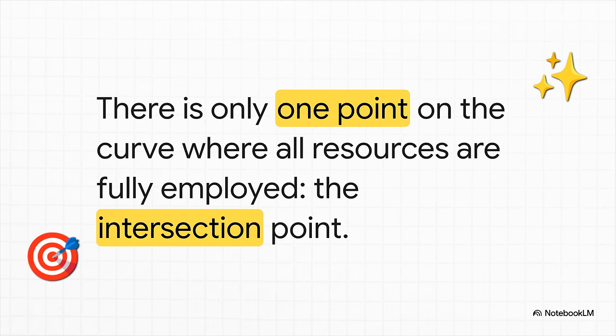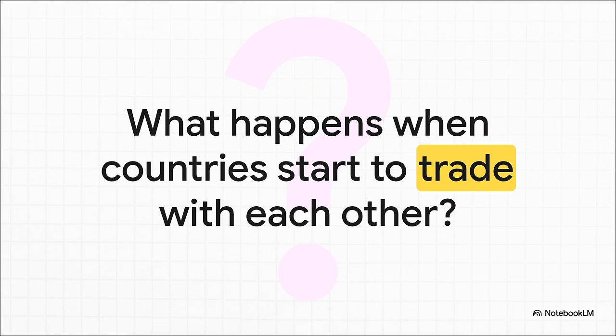It's that point where the labor constraint and the machine constraint cross over. That intersection represents the one and only production mix of wheat and milk where every single worker and every single machine is fully employed. At any other point on our production limit, some resource is just sitting on the sidelines. So, understanding these limits is absolutely crucial. It reveals hidden unemployment and shows us that maximum efficiency can still mean there's wasted potential.